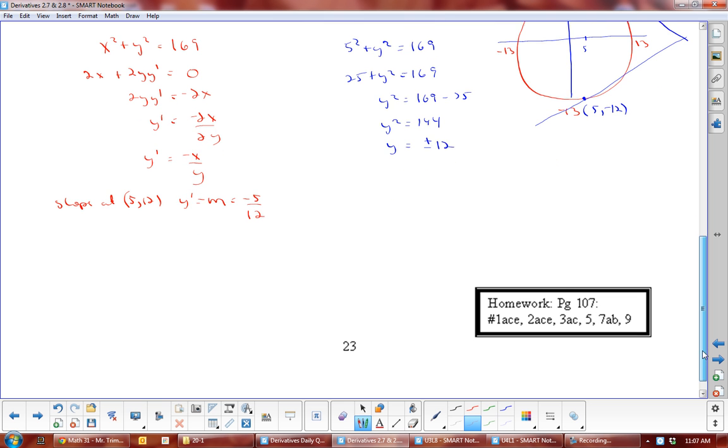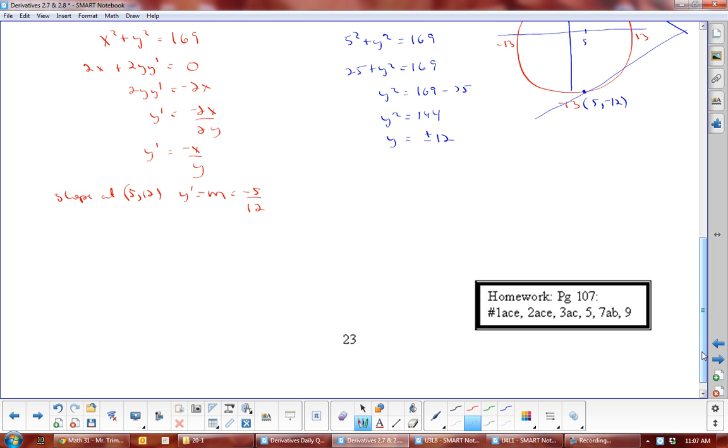So the equation of the line at 5, 12 will be y minus 12 equals negative 5 twelfths times x minus 5.